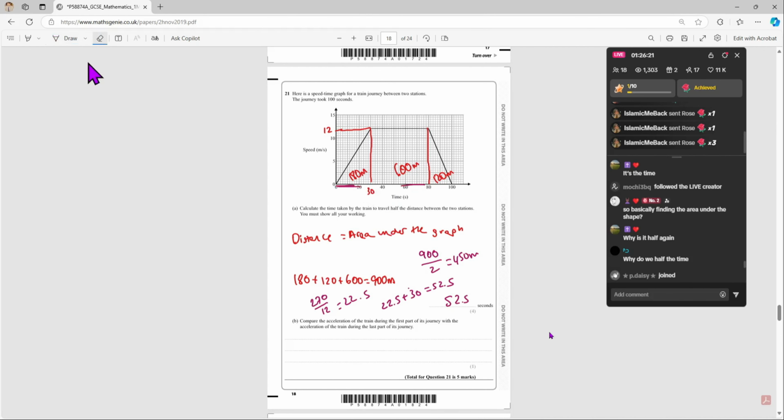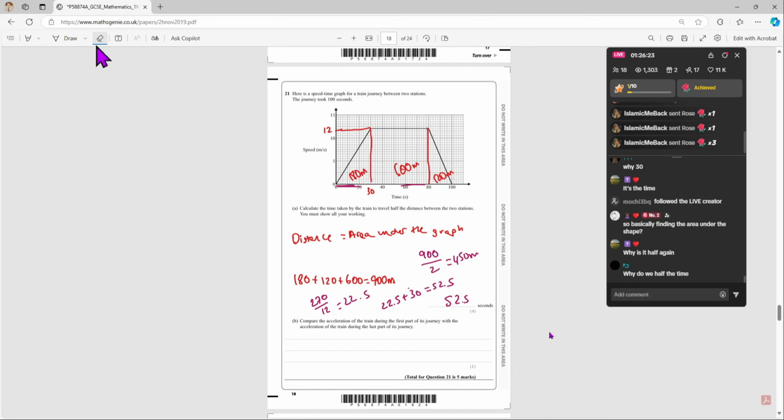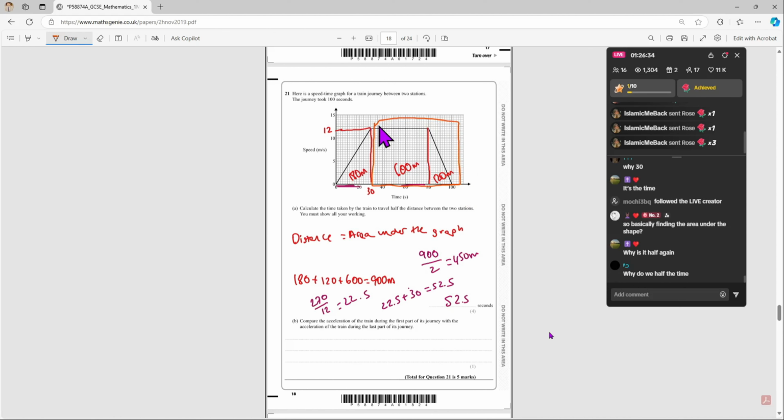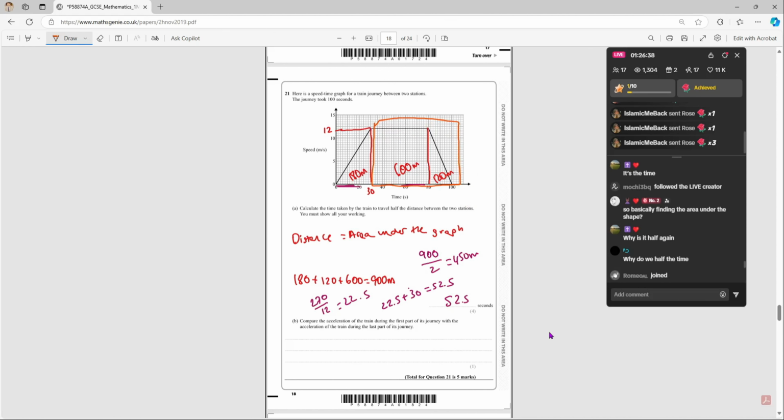Because if we do 450 minus 180, we are trying to work out this part over here. This part over here, which is 720 meters. So basically the answer is 52.5.